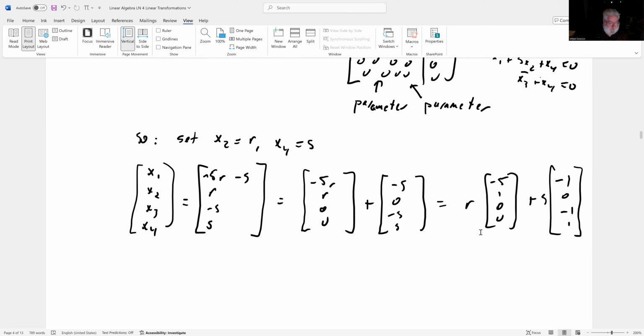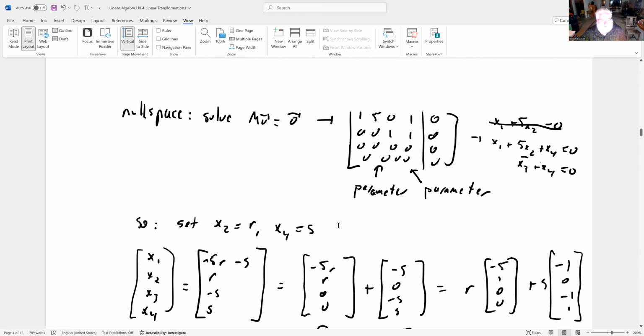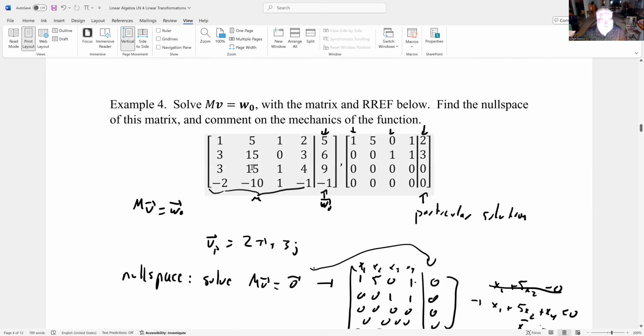So the null space is the span of that. So what's the mechanics of this function? This is a matrix. It takes us from 4 dimensions, which is the number of columns, to 4 dimensions. And we lose 2 dimensions along the way because our null space is 2-dimensional.